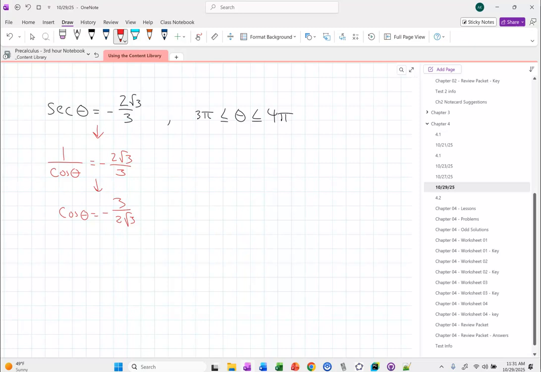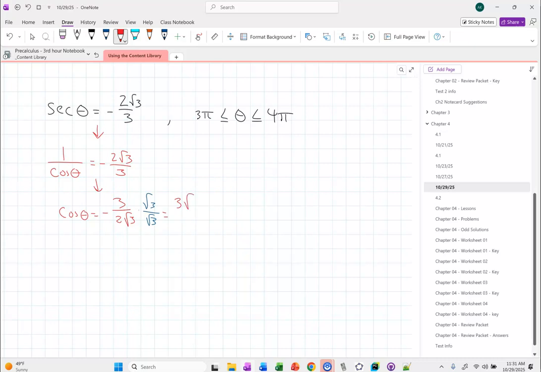Wait, how'd you do that? I flipped both sides. Oh, okay. And I probably want to rationalize that denominator, because that still doesn't look like a unit circle value yet, though it kind of looks like one. I'm hoping that when I rationalize the denominator, that'll take care of itself.